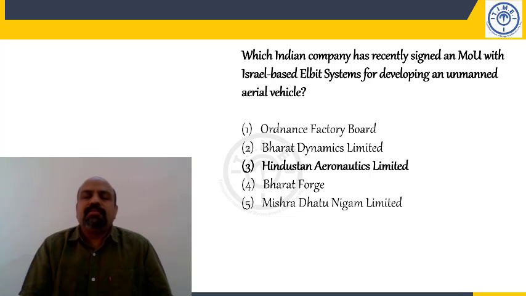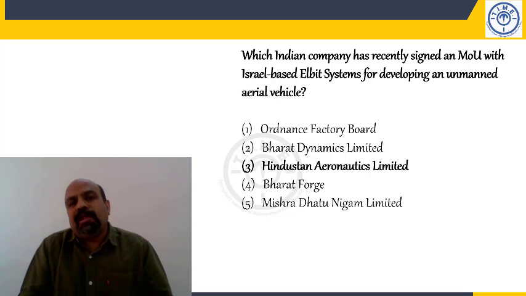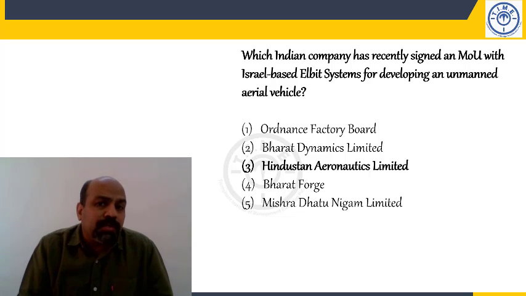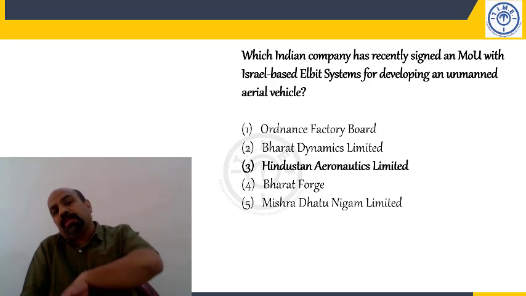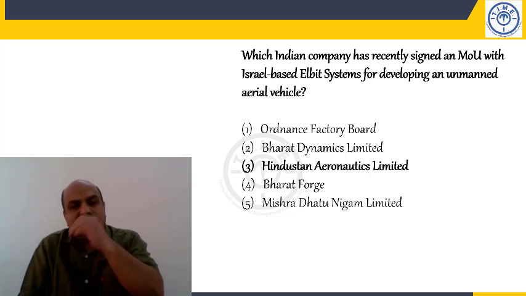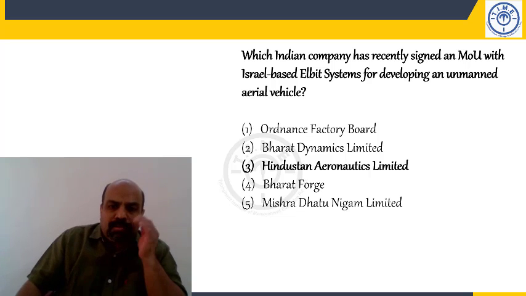HAL and Hindustan Shipping were all started by one businessman from Sholapur. His name was Walchand Hirachand. Remember, Hindustan Aeronautics Limited and Hindustan Shipping, which is in Visakhapatnam, were all started by Walchand Hirachand.